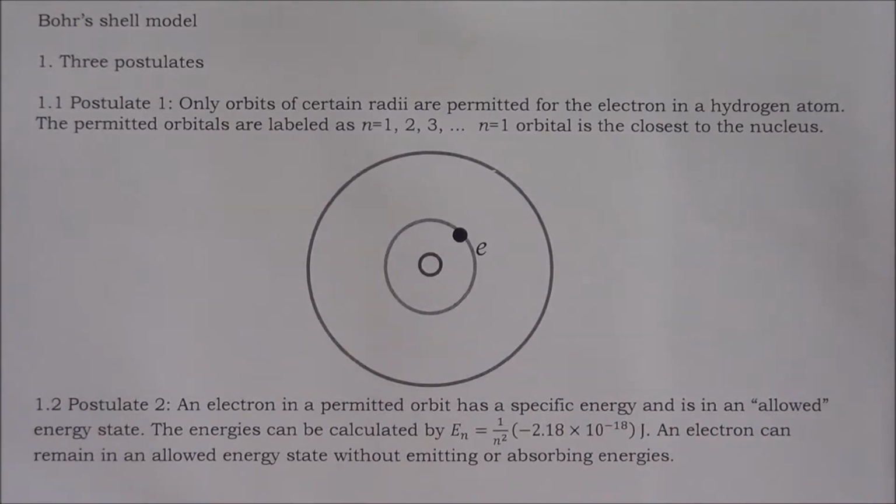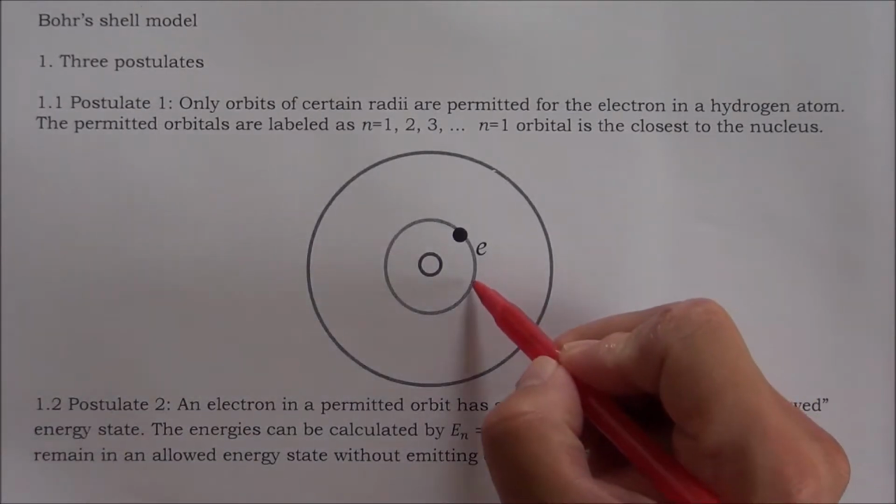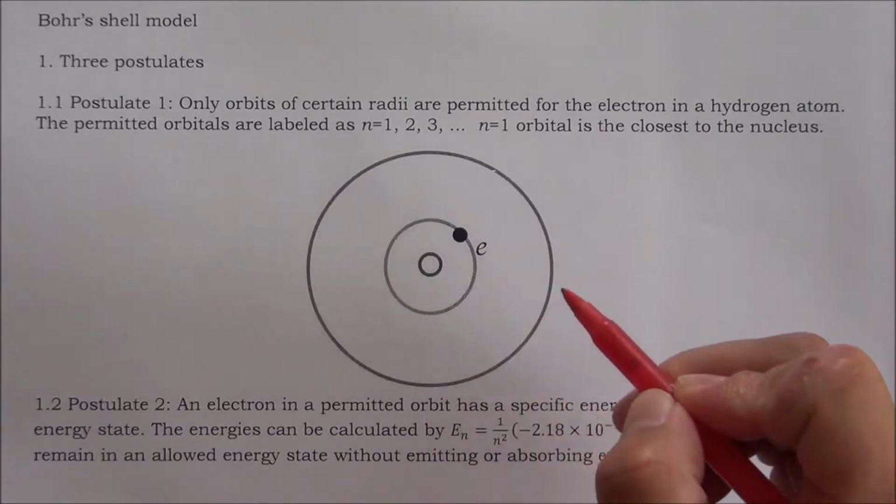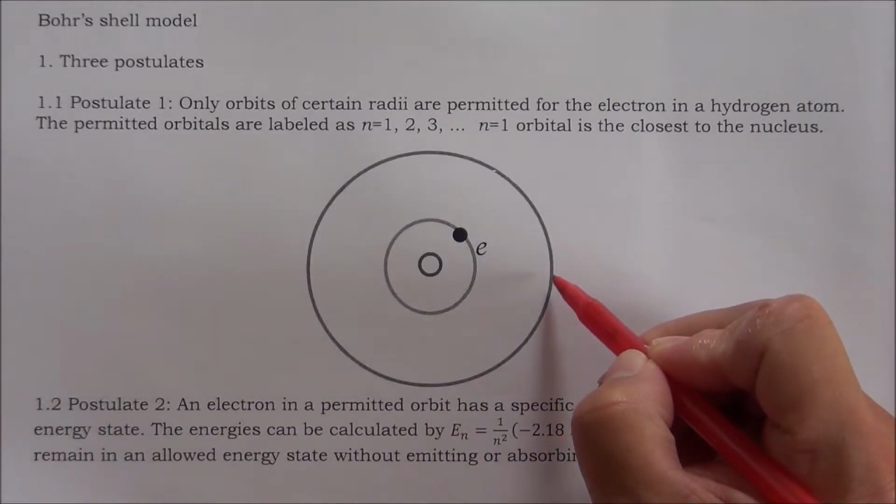From this equation, we can see that when n becomes larger, the value becomes larger, or we say that the value becomes less negative. Therefore, n equal to 1 orbital has the lowest energy. The larger the value of n, the larger the energy of the orbital.